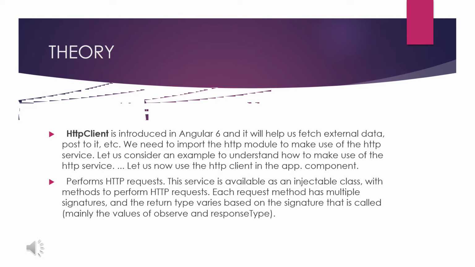From Angular 6 they introduced HTTP client. So HTTP client is somewhat better than HTTP. And in HTTP we have two things: request and response. So we have method signatures for this.